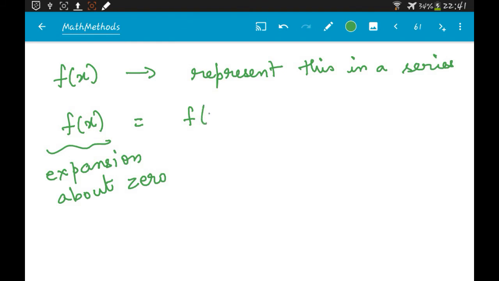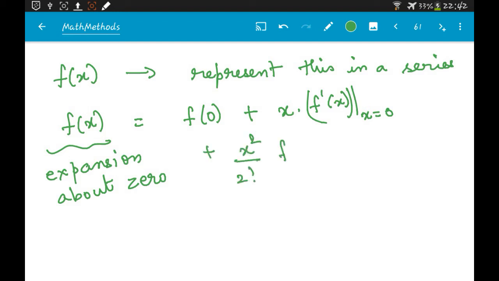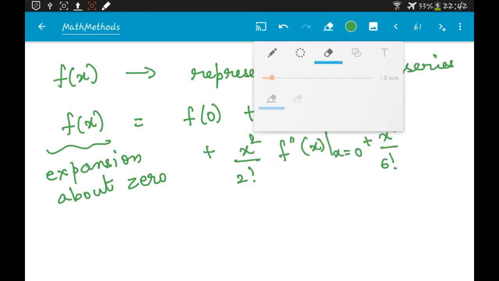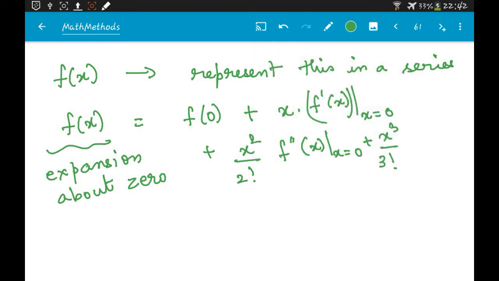Okay, so we will write f of 0 plus x into f dash of x, only for this term we will put x equal to 0, plus x square by 2 factorial for f double dash of x at x equal to 0, plus x cube by 3 factorial, which will be 6, f triple dash of x at x equal to 0, plus so on.